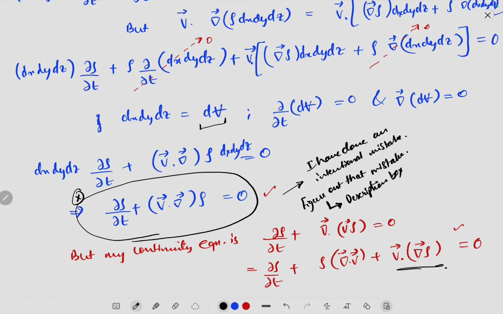Just think about the physics and not the maths. The properties like divergence of φA equal to φ divergence A plus A dot grad φ are all correct, there is no mistake in this.